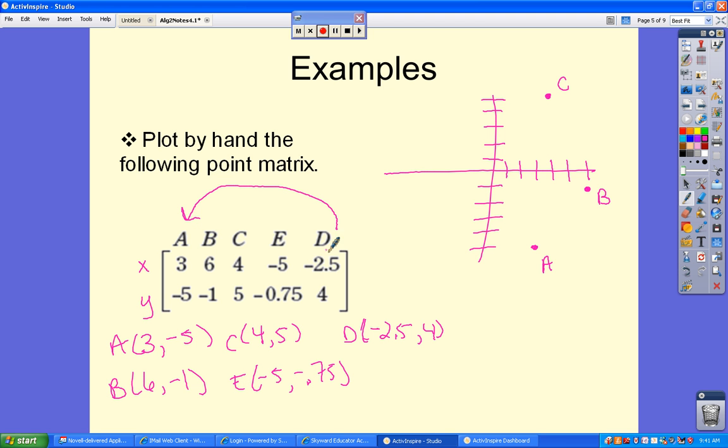E is at -5, -0.75, so maybe right out here. And D, oh, I should have been going in the order here. A to B, B to C. Oh, that was bad. Pretend that was good. C, D. And where's D at? -2.5, up 4. I bet that was a typo.